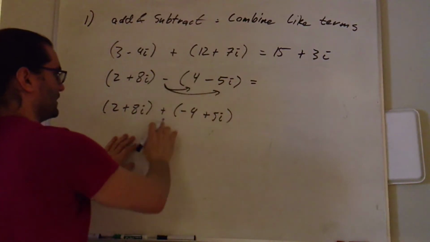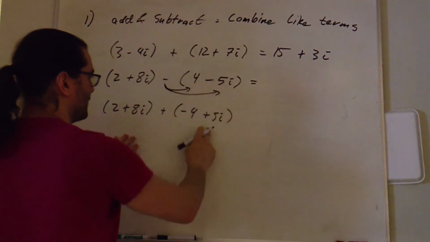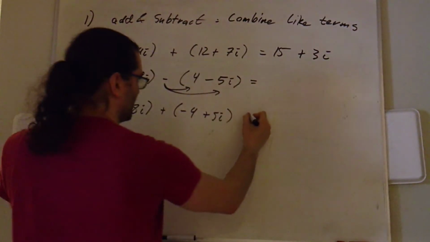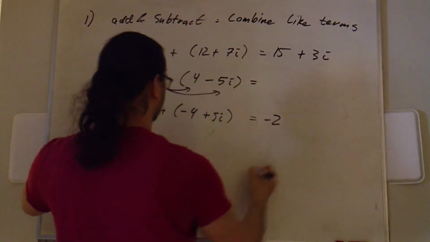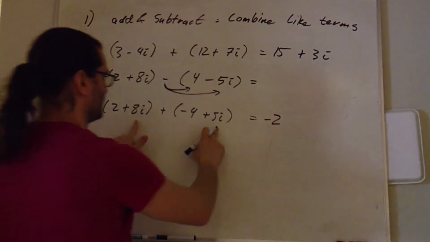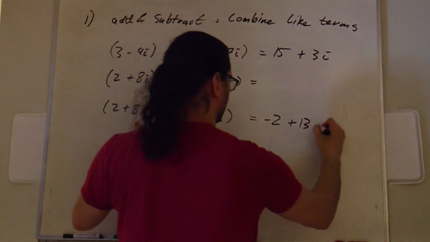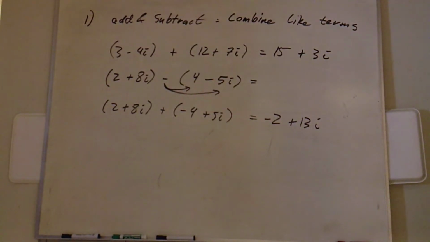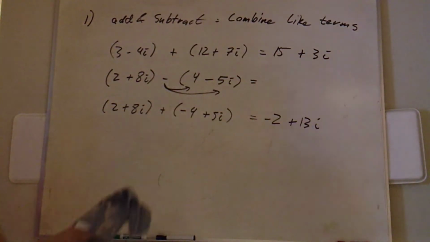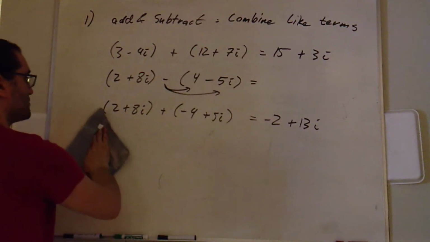Once you distribute that negative sign, 4 becomes negative, 5 becomes positive, and now you're just adding them again. So this will give you negative 2 from these guys and 13i from those guys. Works exactly like you might think. So hopefully there have been no surprises here.